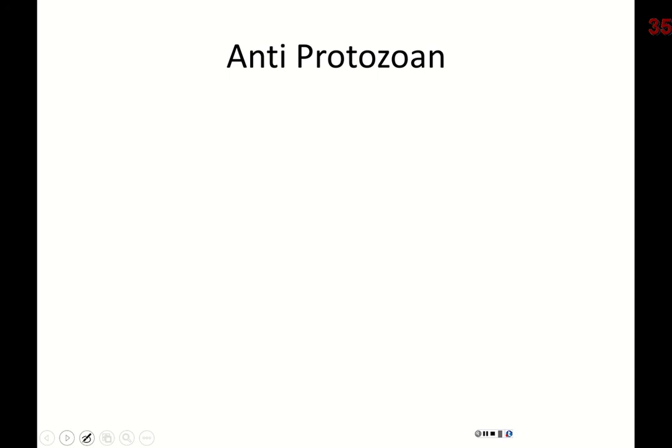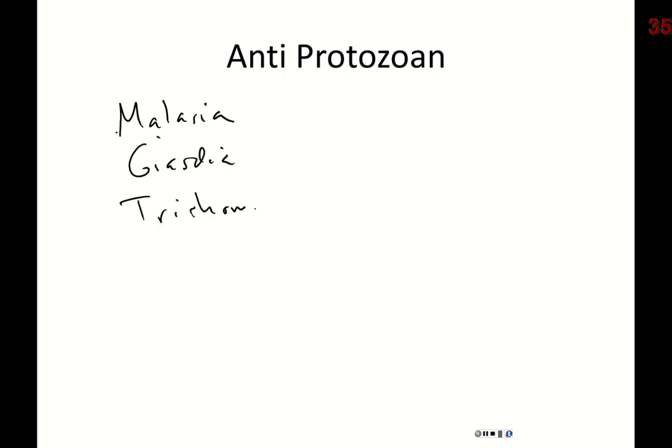Antiprotozoan. Let me see if I have anything really that I want to say about that. Not too much, honestly, other than the fact that malaria, Giardia, Trichomonas, and Entamoeba are all protozoans, and therefore usually antibiotics aren't going to work against them, right?